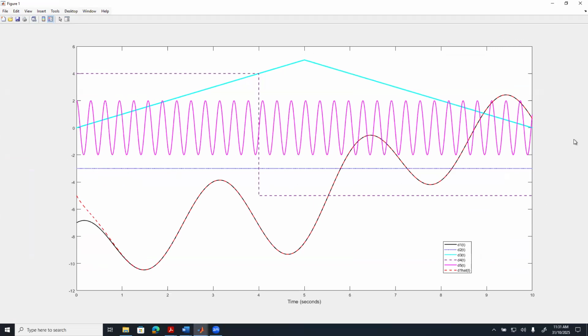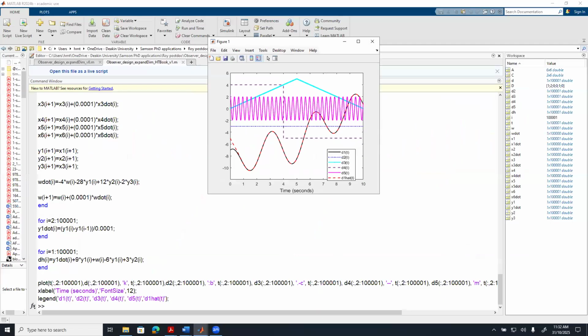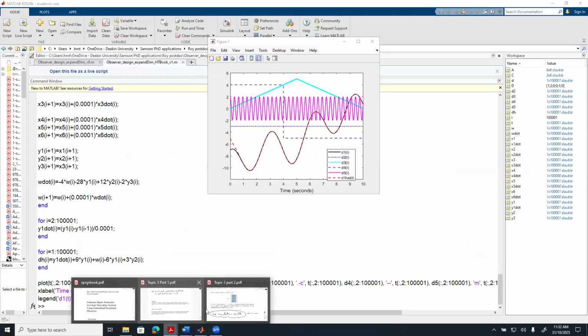This is a ramp type input and a sinusoidal unknown input. The important thing that we can see here is that the unknown input D1 of t can be estimated asymptotically by D1 hat of t. Okay, so that's the significance of our result.